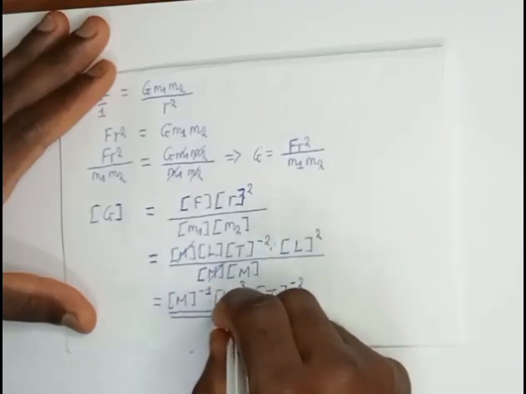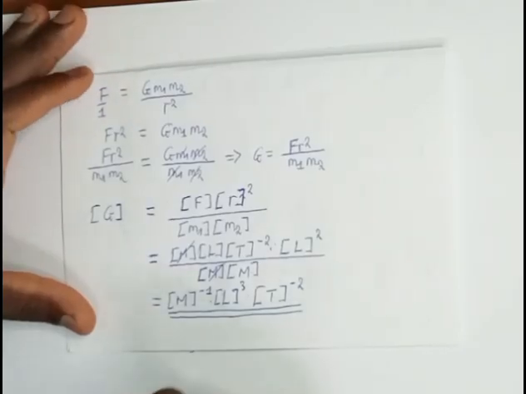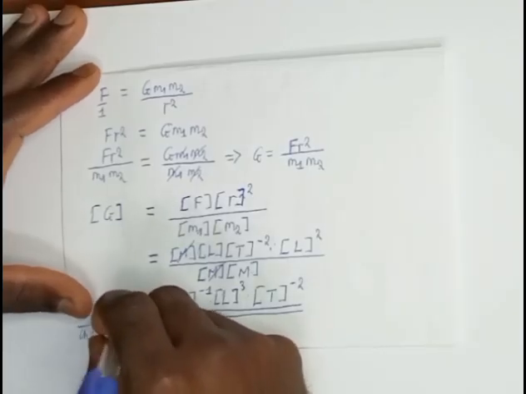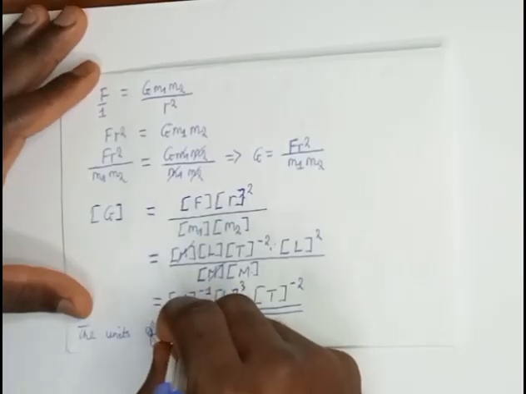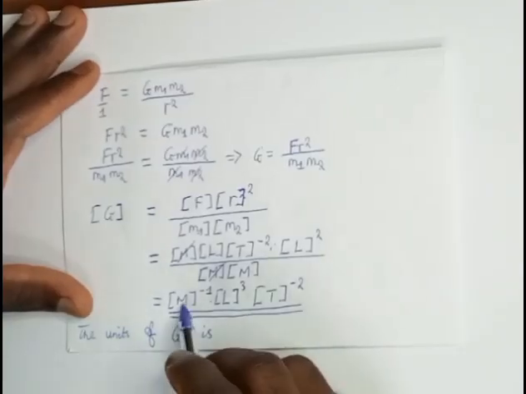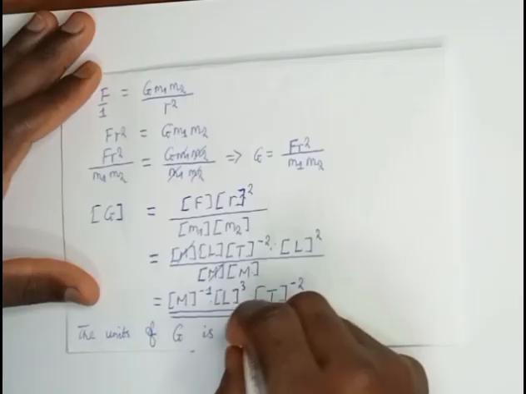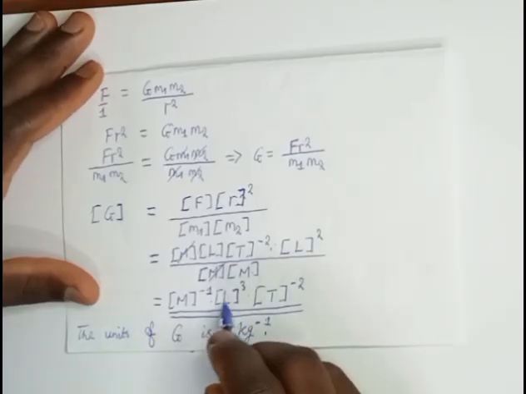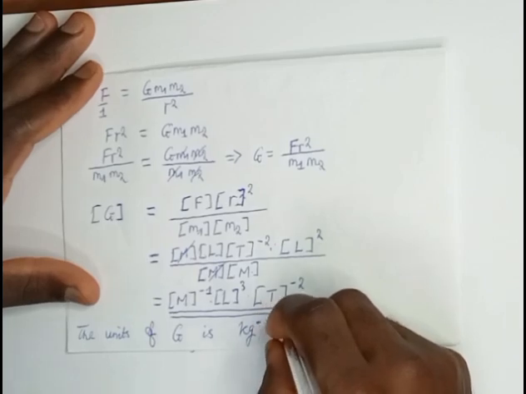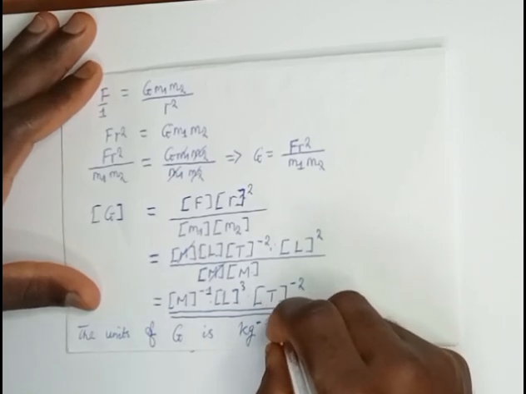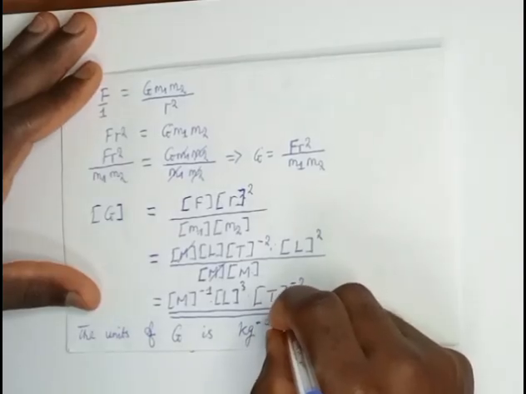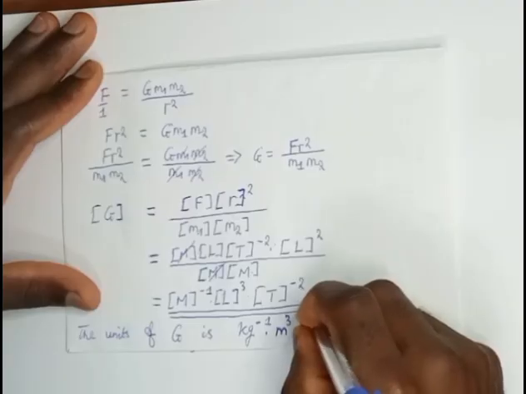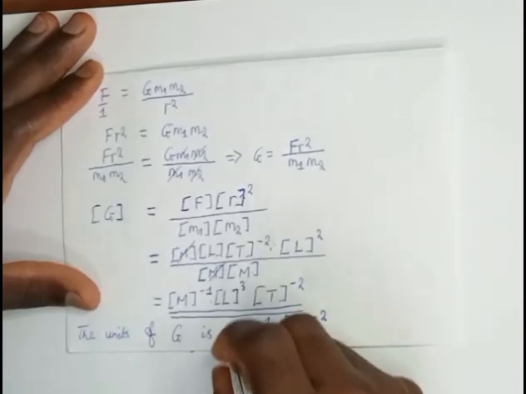We underline the answer. Next, we have to write down the unit of G. The units of G is, we are going to replace M with the unit of mass, which is kilogram, to the power negative 1, times we replace L with the unit of length, which is meters, it is cubed, times we replace T with the unit of time, which is second, the second squared.